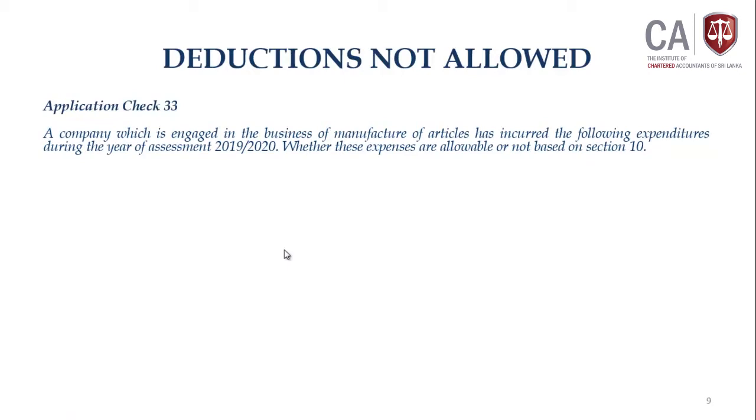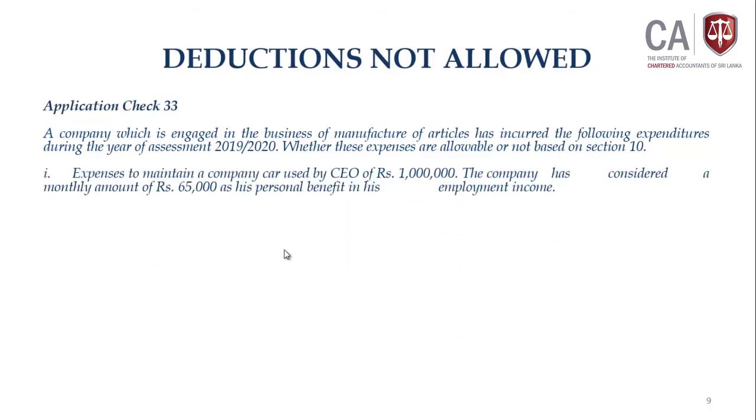The question is whether these expenses are allowable or not due to the implication of section 10. Of course, we have not yet discussed the whole set of rules, only allowable deductions. With the discussion of section 10, we will see whether we can answer this question.